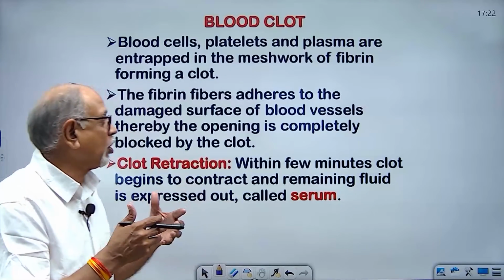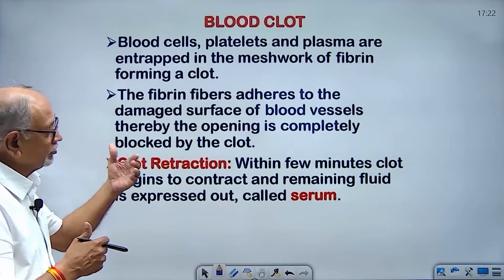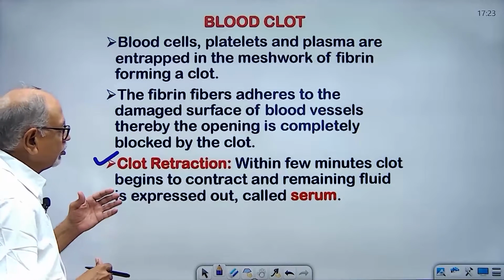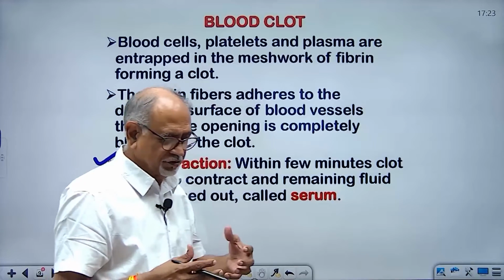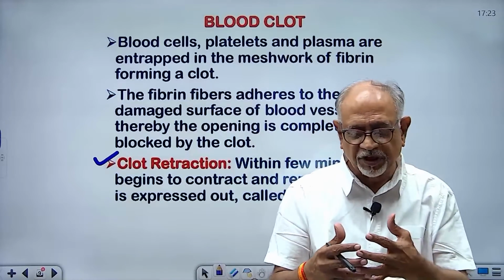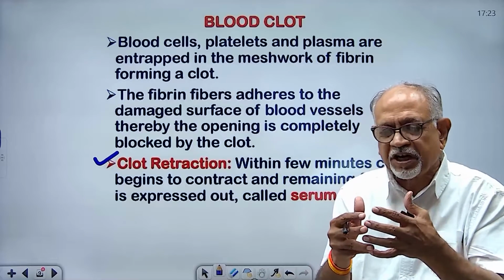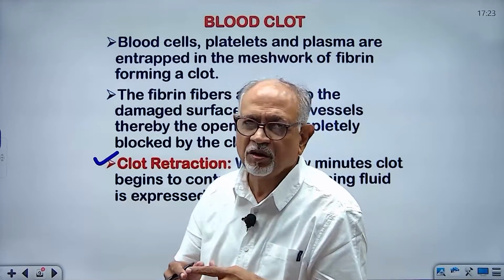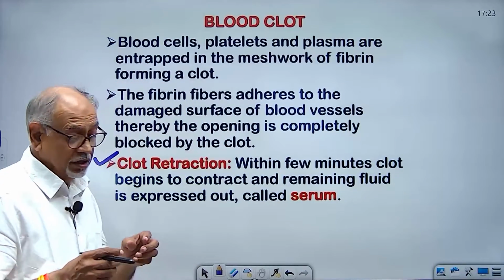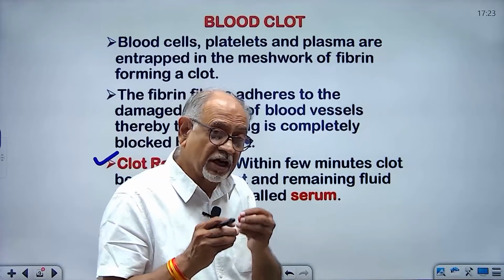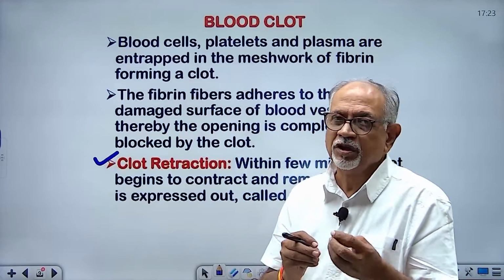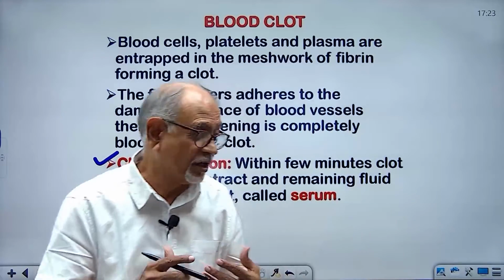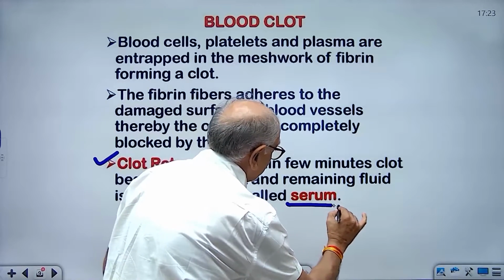intact clot. And as soon as the clot is formed, within a few minutes, a process occurs that is called clot retraction. It means the clot becomes tough and it retracts and it completely plugs the damaged blood vessel, and in this process a colorless transparent fluid comes out of the clot on the surface of the clot, that is serum.